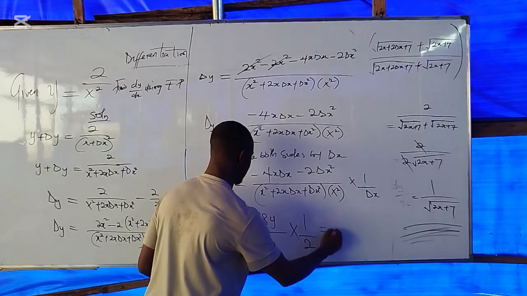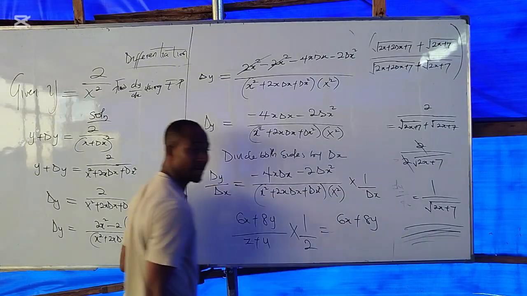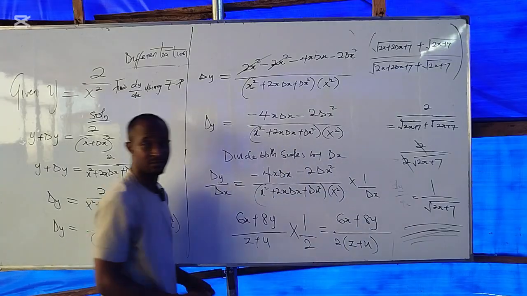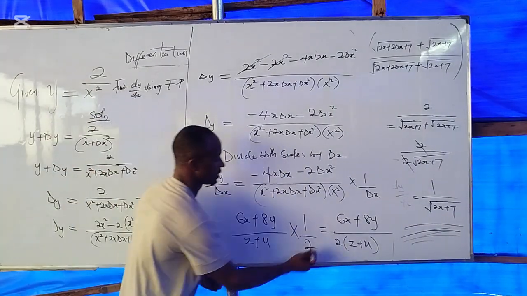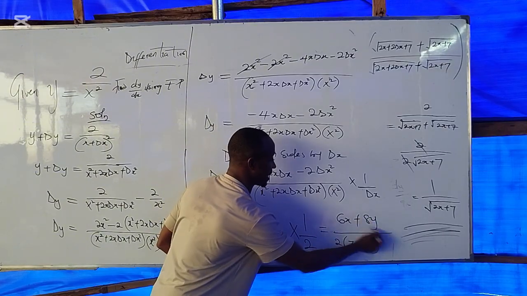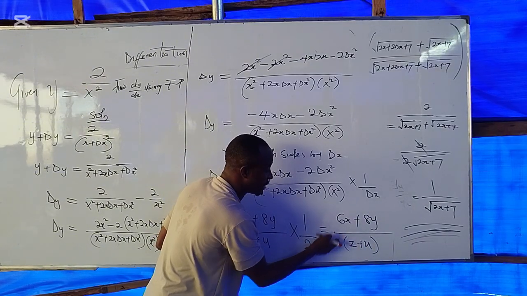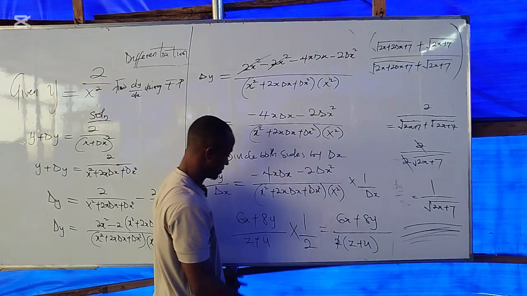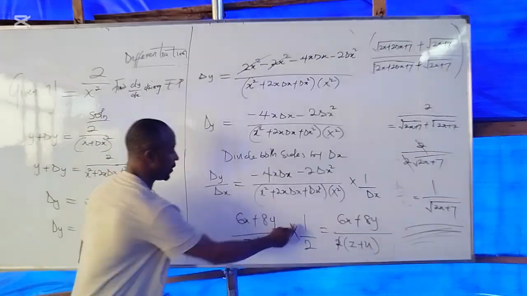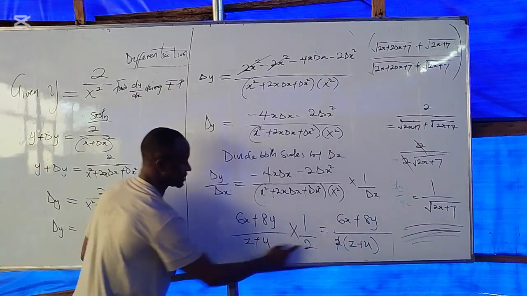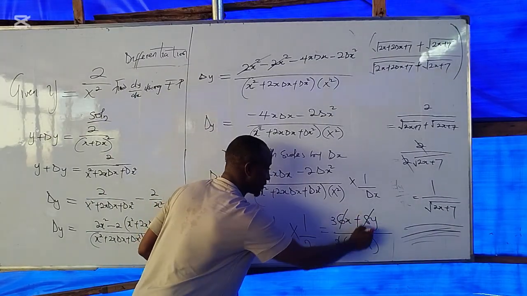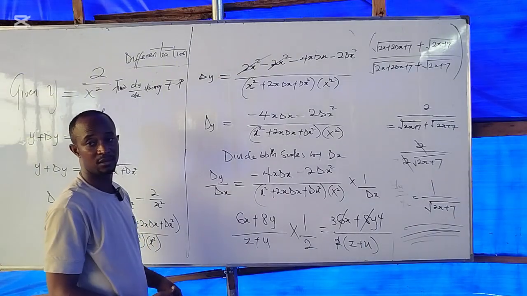So this is the same as 6x plus 8y over 2 in bracket z plus u. As long as I have this here, that means the entire this over this. That means these two can go here. I'm multiplying now. 1 times this is this. 2 times this is 2 times z plus u. So these two can go here to give us 3, also here to give us 4. Is it clear?